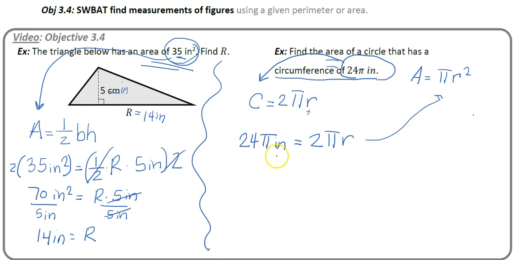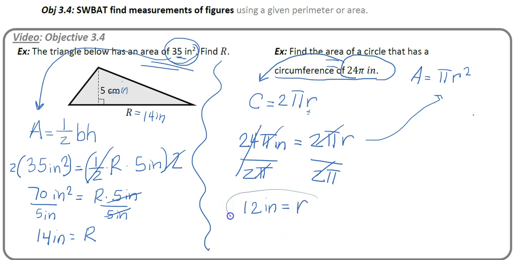Okay, so I've got 24 pi inches on one side and I've got 2 times pi on the other. Why don't I divide both sides by 2 pi? 24 divided by 2 is 12. Pi divided by pi is 1. So I have 12 inches equals the radius.